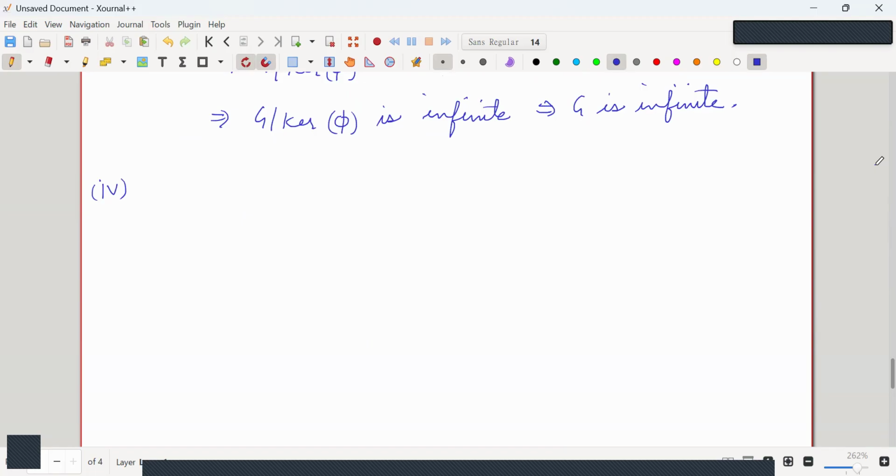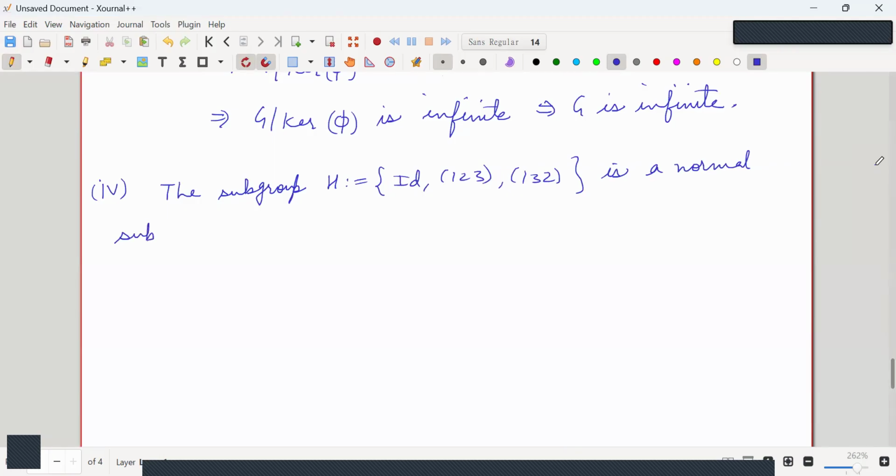Okay. So the subgroup H containing the identity, the cycles (1 2 3) and (1 3 2), is a normal subgroup of S3. Is there anything special about this subgroup?